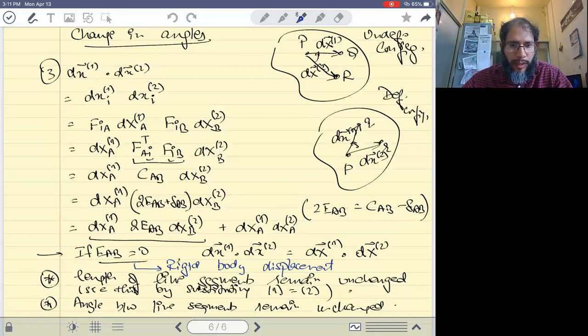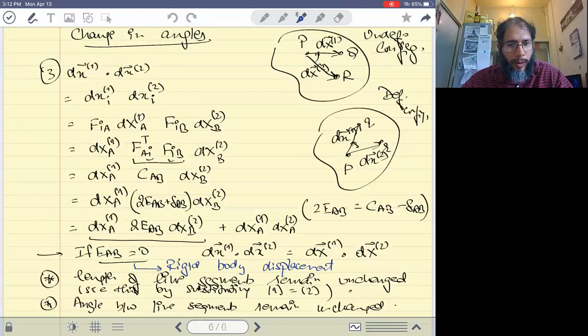So in this case, what we see is that if EAB is 0, then the length of line segments, so if you take any 2 points in the body, join them, the lengths of those line segments will remain, I mean, of course, these 2 points are close to each other. The lengths of these line segments will remain same. That means no elongation or compression. And then the angles between any 2 line segments are also the same. They do not change. That means that the body at max can rotate.